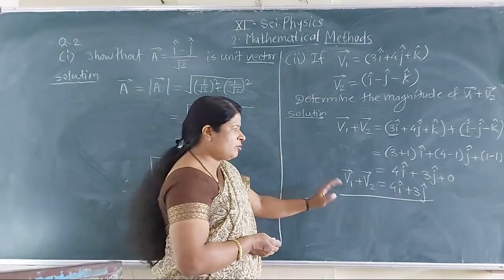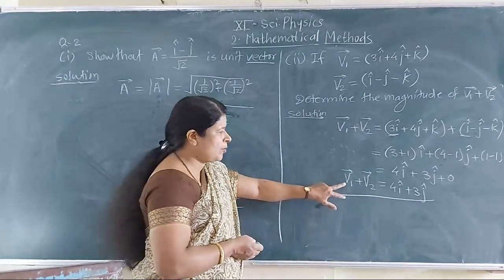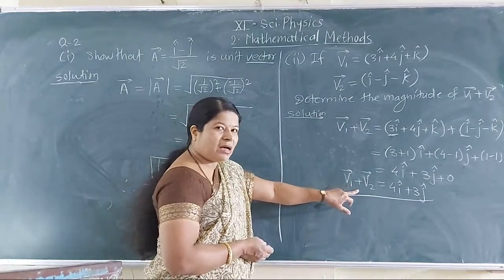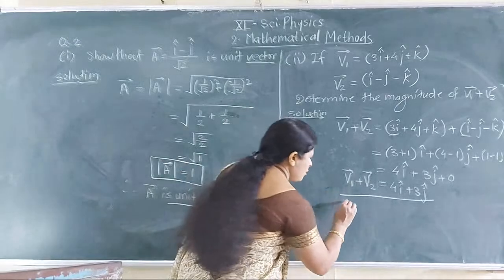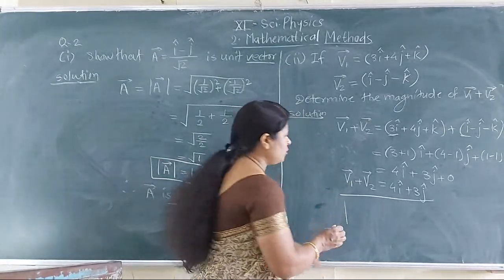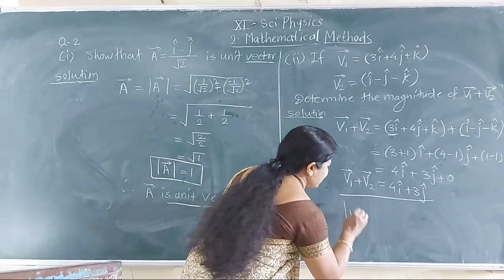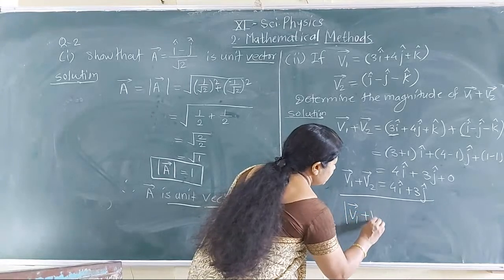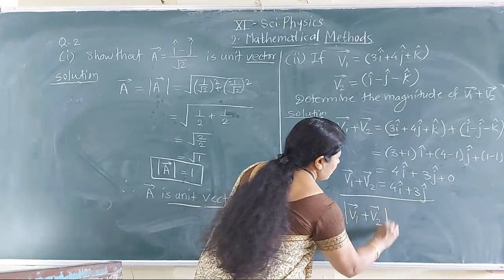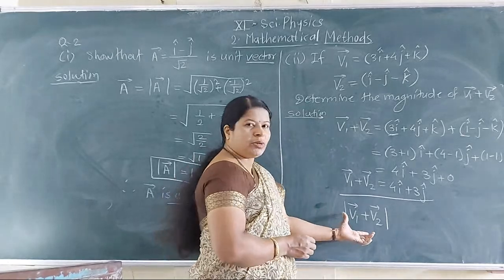Now we have to find out the magnitude of vector V1 plus vector V2. For the magnitude we write this vector inside the mod, the two vertical lines.